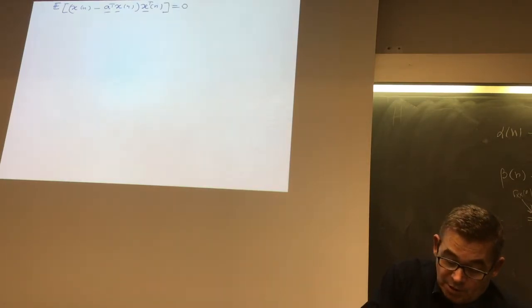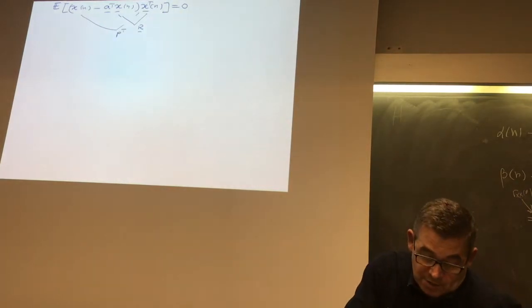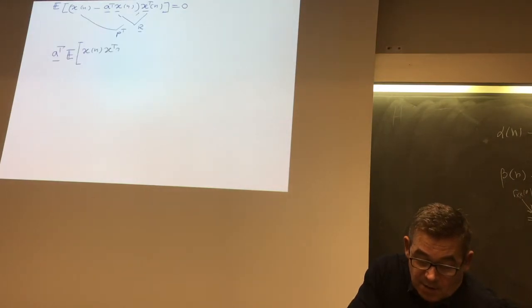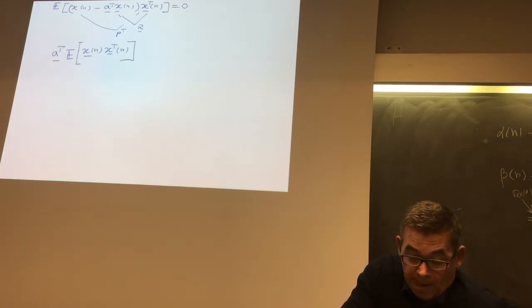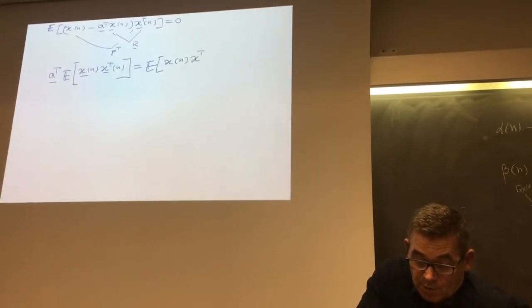Now let's continue with that. So I put together this with that and this with that. Putting together this with that is a matrix, this with that is a vector transpose. So let's see what comes out. So I have A transpose, then I have xn, x transpose n, equal to the expectation of xn, x transpose n.